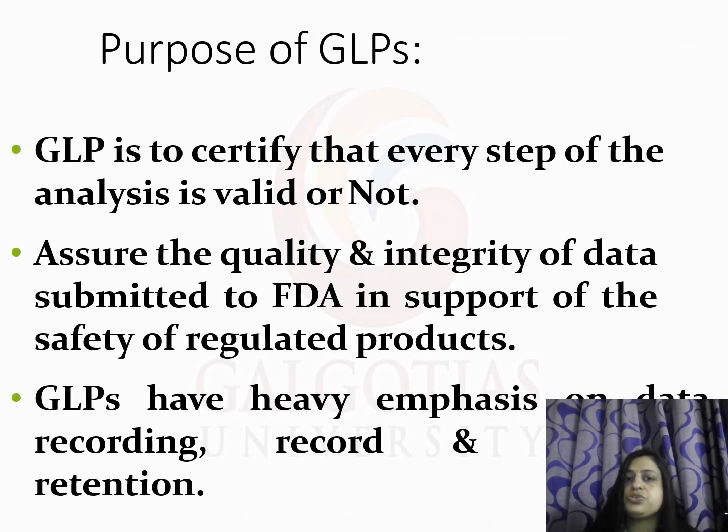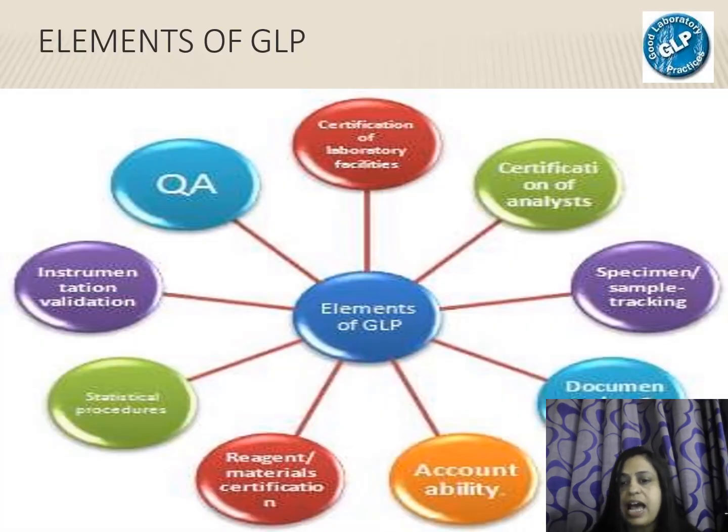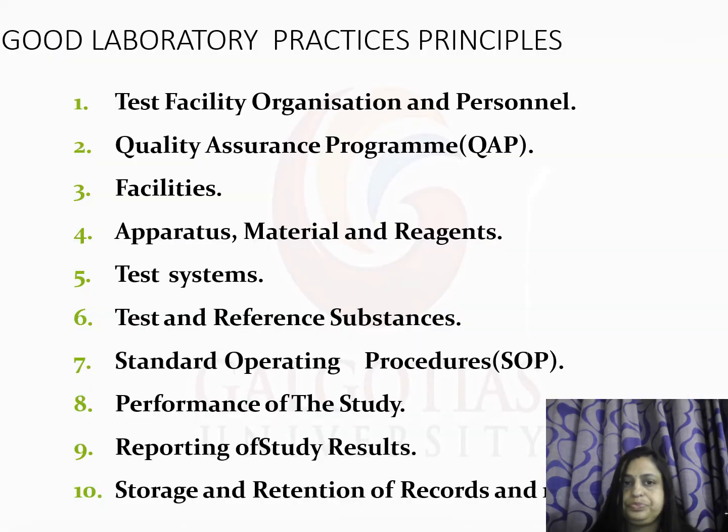The purpose of GLP is to certify that every step of the analysis is valid, and to assure the quality and integrity of the data submitted to FDA in support of the safety of the regulated product. GLP has heavy emphasis on data recording and record retention. The elements, as we have already discussed, are specimen sample tracking, documentation, accountability, reagent material certification, statistical procedure, instrumentation validation, QA, and certification of laboratory facilities.